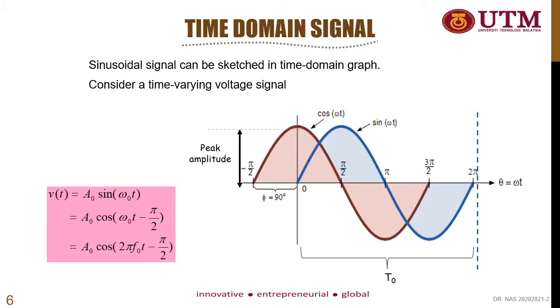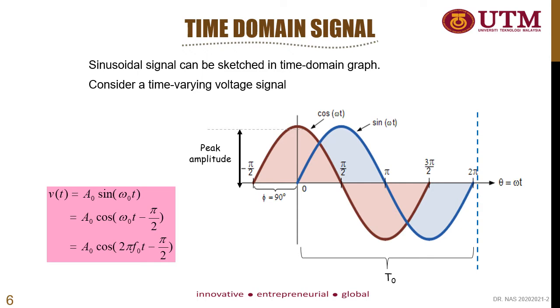Let's look at how the sine and cosine signals look in time domain. The brown graph is the cosine signal, and the blue one is the sine signal.